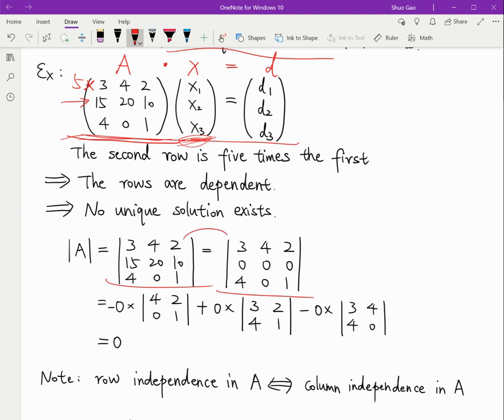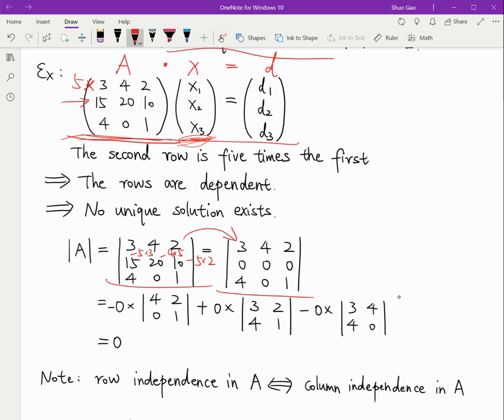From here to here, we subtract 5 times the first row from the second row. So this is 15 minus 5 times 3, 20 minus 5 times 4, right? So this is 10 minus 5 times 2. So we subtract 5 times the first row from the second row, right, based on property 4.